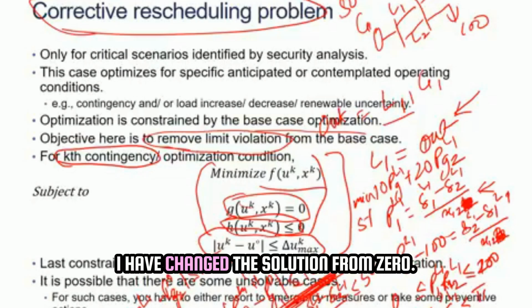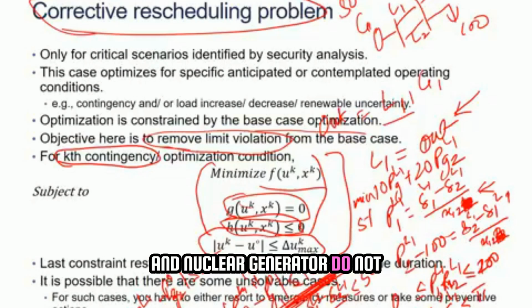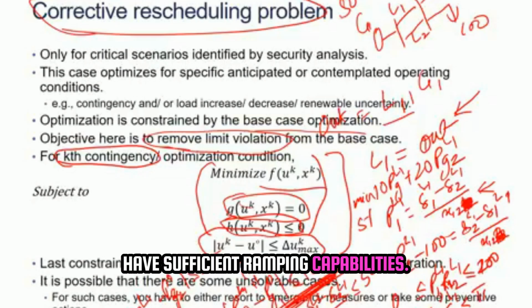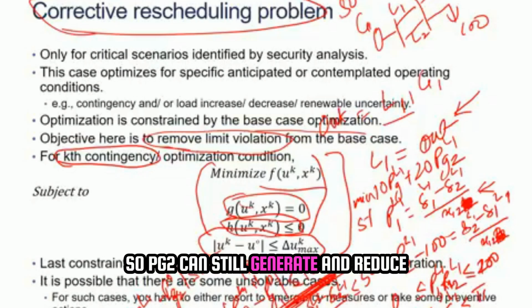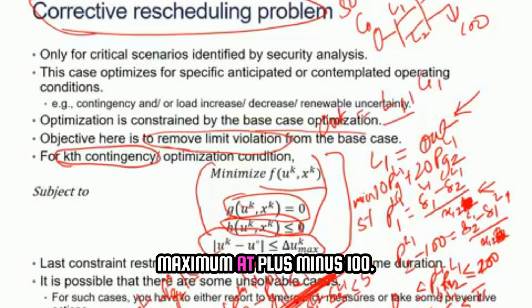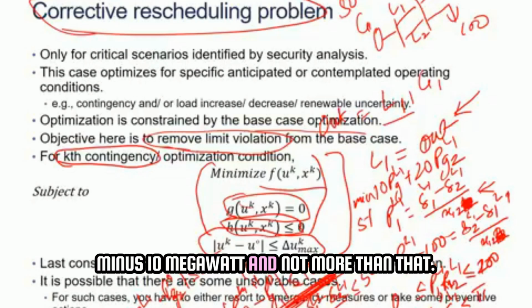I have changed the constraint for generator 1, because let's assume it's a nuclear generator, and nuclear generators do not have sufficient ramping capabilities. And let's assume PG2 is a diesel generator, so PG2 can still increase and reduce by a maximum of plus minus 100, but PG1 can only change by plus minus 10 megawatt and not more than that.